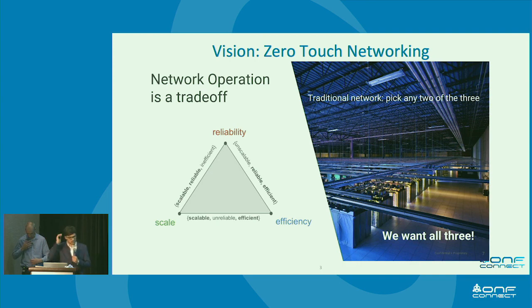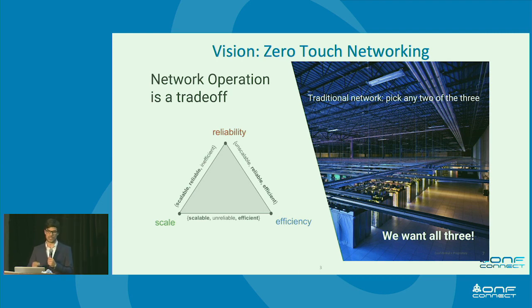So I was very much inspired by a talk from Google that the whole team was given a few years ago, but there were a few slides that really caught my attention. They were saying that they had a vision, which was zero-touch networking, because they saw their network and most networks as a triangle where you have three things: reliability, scale, and efficiency.